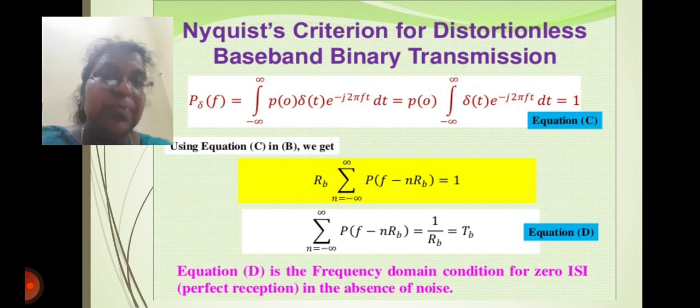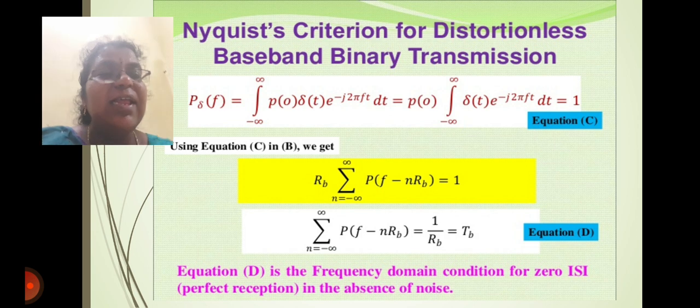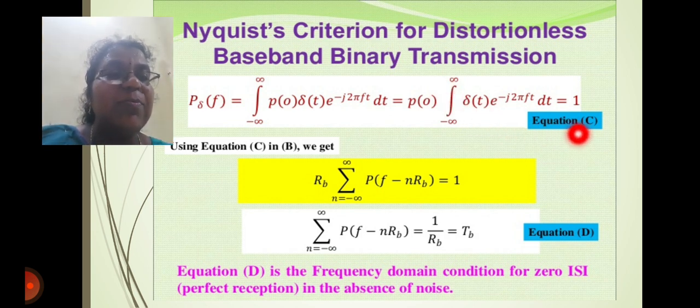Now P_delta(f) is equal to integral minus infinity to infinity P(0) delta(t) e raised to minus j2 pi f t dt, which can be written as P(0) into integral minus infinity to infinity delta(t) e raised to minus j2 pi f t dt, which is equal to 1.